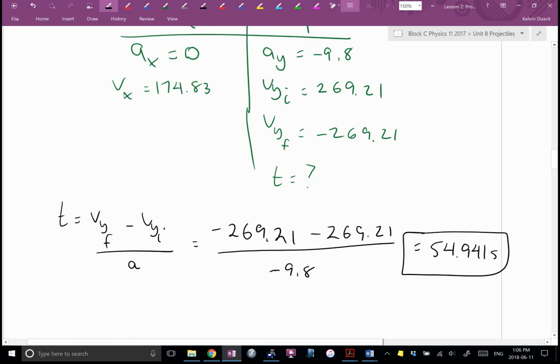Hannah, is that what they want me to find? Time of flight? What do they want me to find? Oh, they want me to find a horizontal, which means I'm going to use, I wrote AY. That would have been silly. AX equals 0, VX equals 174.83, and time equals, see how lazy I am?